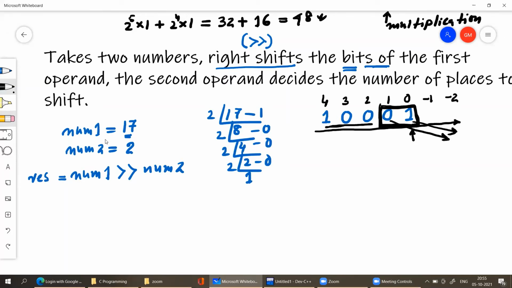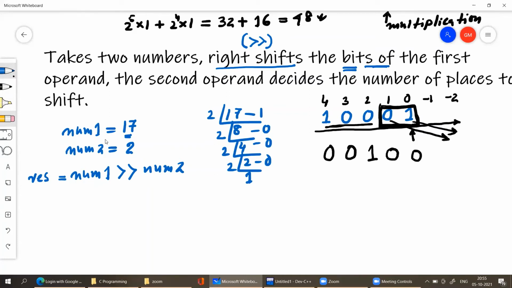Now position 2 will be put into position 0, position 3 will be put into position 1, and position 4 will be put into position 2, and the other part will be filled with 0. So now this is the number we have. What is the new position?